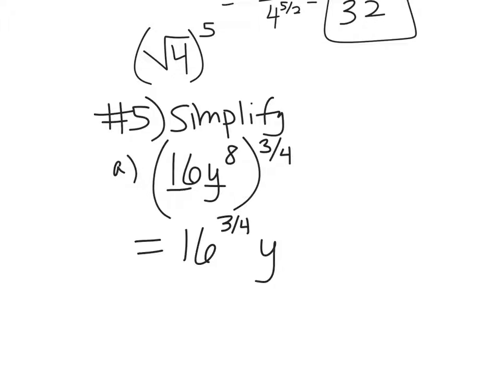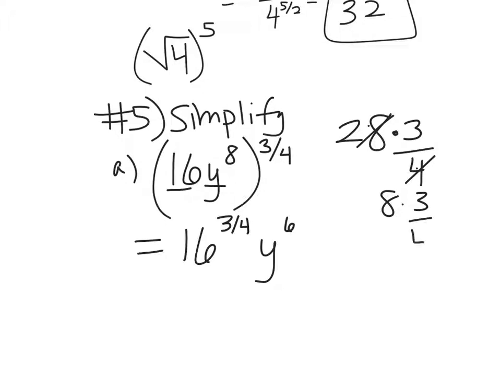So you're doing 8 times 3/4. If you need to use your calculator, that's okay. You can do these in your head, though. Watch. 4 goes into 8 how many times? 2. 2 times 3 is 6. Or you can do 8 times 3 is 24, divided by 4 is still 6. If you don't like that, use your calculator.